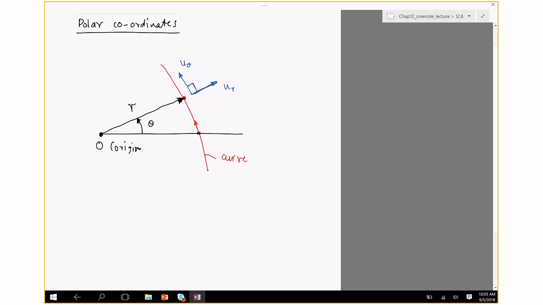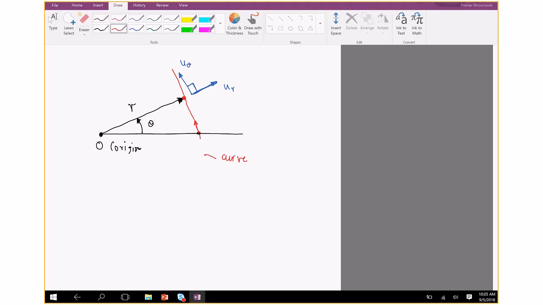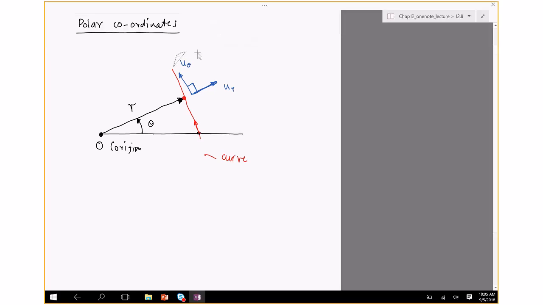Now, one thing, this may not be clear. Let me just redraw this curve here. What I want you to note is that we superpose this right here.